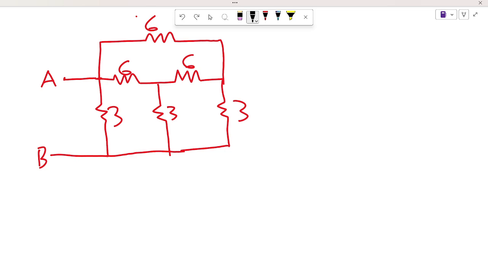So this is our star as I indicated. This is our star arrangement as I indicated earlier. So we are going to convert it to a delta arrangement.